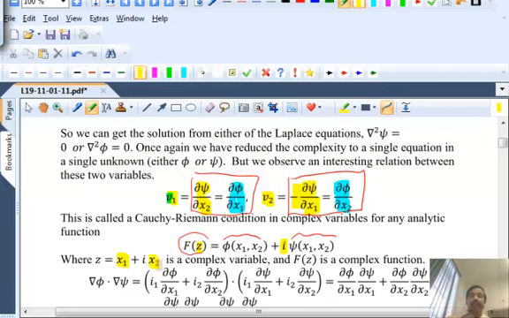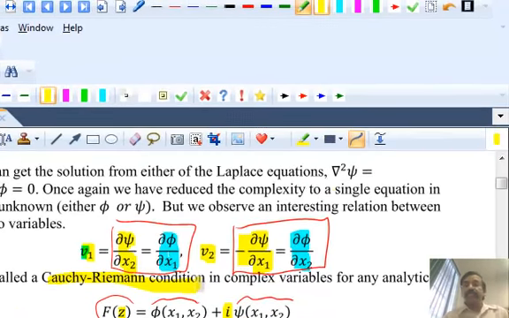Okay? So we say that this function f of z is analytic when this Cauchy-Riemann condition is satisfied. That function f of z is continuous. Function f, which is a complex function of the complex variable z, is continuous with respect to z. There are no discontinuities in the field. Okay?